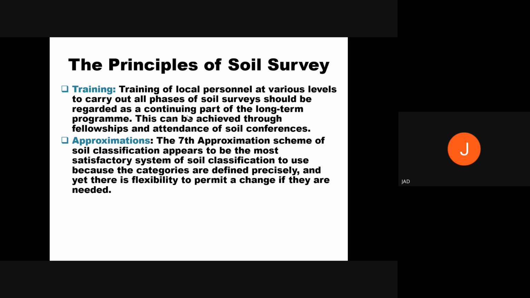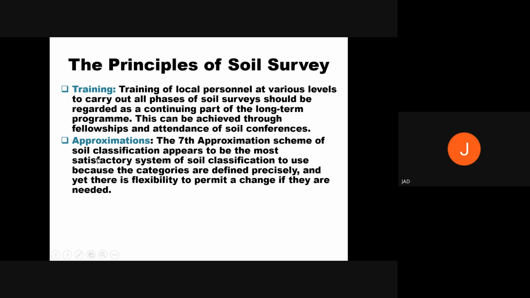It was characterized by its focus on genetically significant properties, high degree of precision, and a hierarchical, mature, exclusive structure that faced limitations in its application, logical inconsistencies leading to its replacement by soil taxonomy. So this is the background information with respect to this approximation.